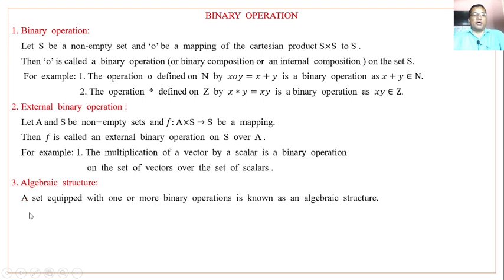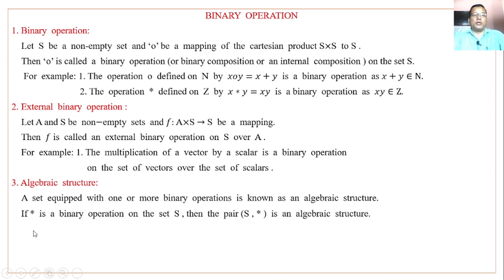Algebraic structure. A set equipped with one or more binary operations is known as an algebraic structure. If asterisk is a binary operation on the set S, then the pair (S, asterisk) is an algebraic structure.